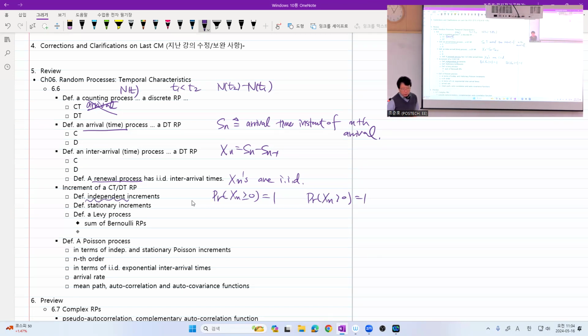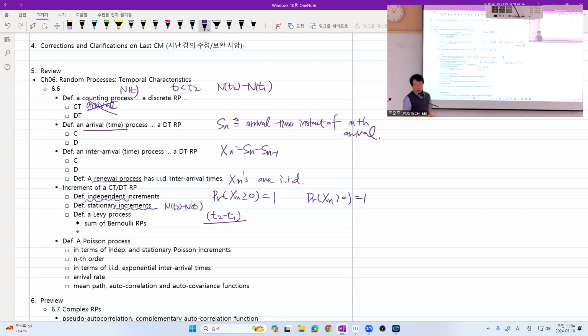And sometimes we call the increment stationary when the distribution of the random variable N of T2 minus N of T1 is, in general, a function of T1 and T2. However, if T1 and T2 affect the distribution only through T2 minus T1, then the increment is called stationary.